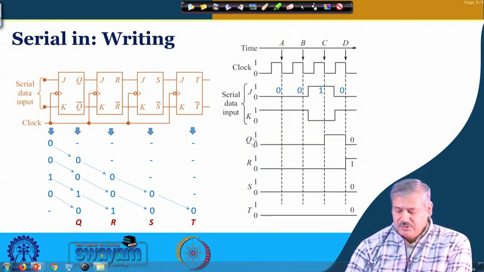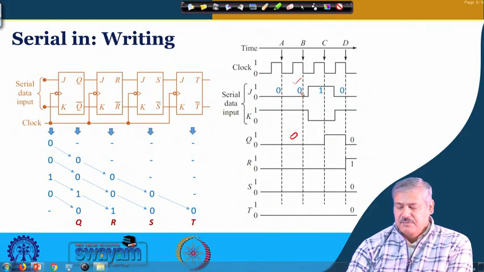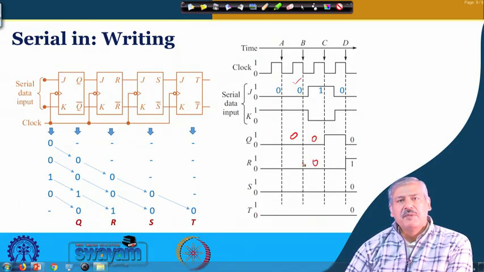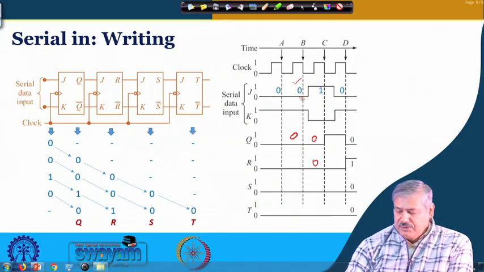So, Q R S T initially it has been considered 0. So, this 0 will be coming here, okay. This is the one that we are talking about. The next value is 0 here before the clock trigger. So, this 0 is coming here and this 0 is coming there. It is through the timing diagram, same thing, okay. Now, before the next clock trigger, you see that it has changed, and when the clock trigger comes, it is 1.